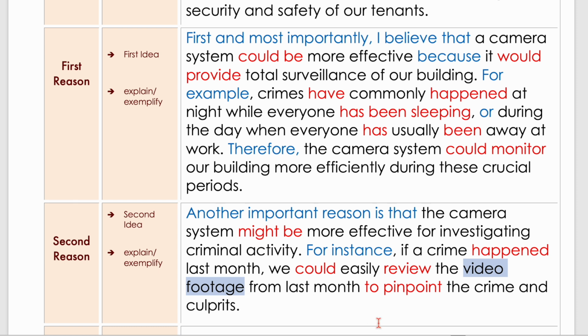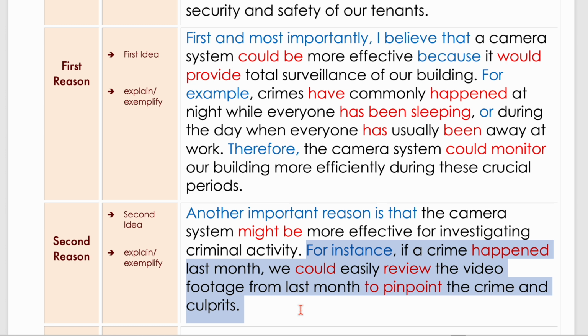And also, to pinpoint, 7 and 8s were still used to find or to discover. But to pinpoint the crime means to find exactly the crime. And culprits, criminals, is even 7, 8, maybe 8. But culprits, the criminals, the ones who committed the crime, that's a higher level word.